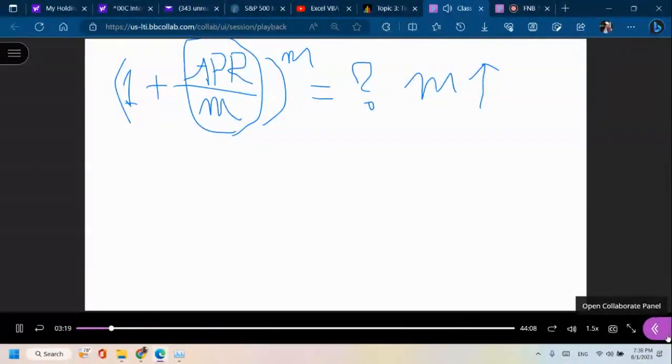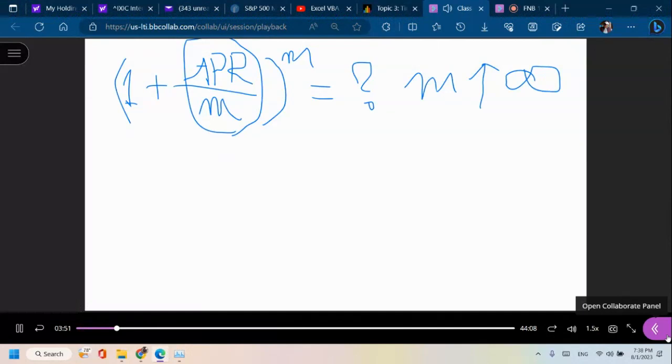But putting 1 there is a nice way of simplifying everything. So then our question is, what if this m goes to a very large number, not just 1 million, but what if it goes to infinity? Think about it. When m is infinity, then APR over infinity will be what kind of number?